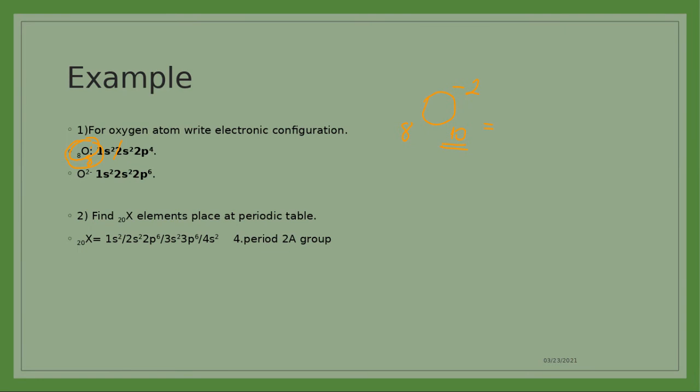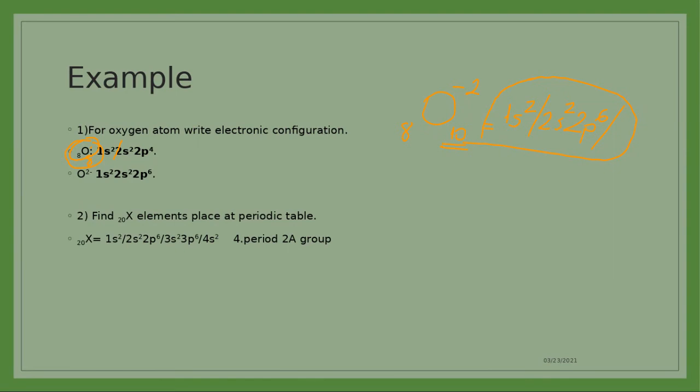That means 1s2, 2s2, and check this: 2p4 has only 6 electrons here, so it becomes 2p6. That's it. Okay, this is completed, the last shell is completed.